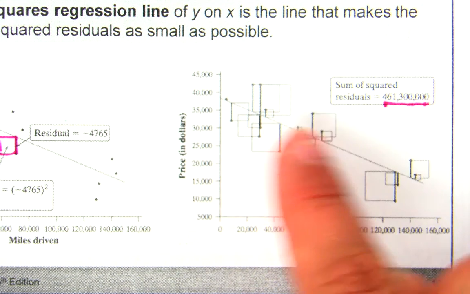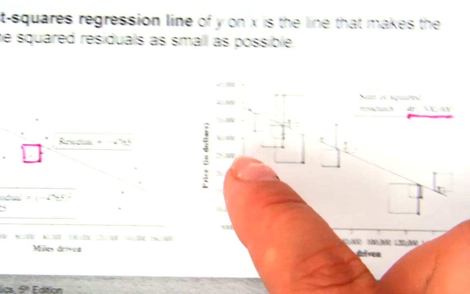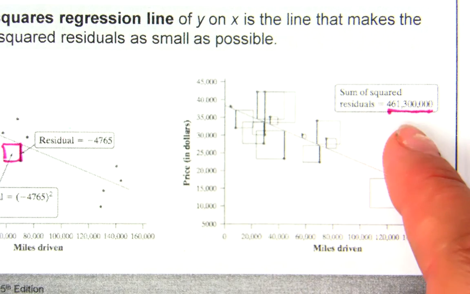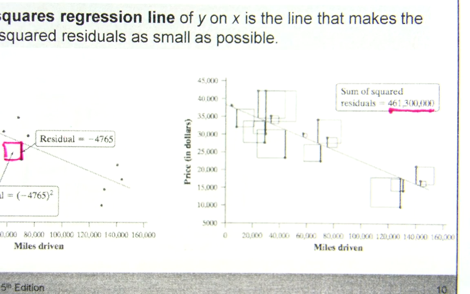You position the line so that the sum comes out to the smallest number possible. It's never going to be zero unless your data is in perfectly linear order.